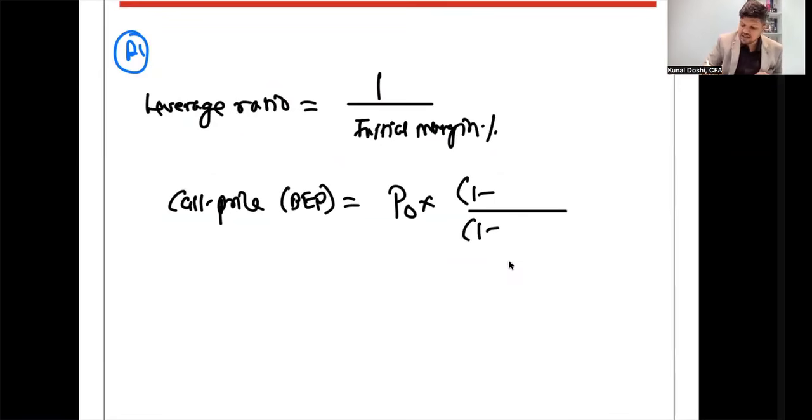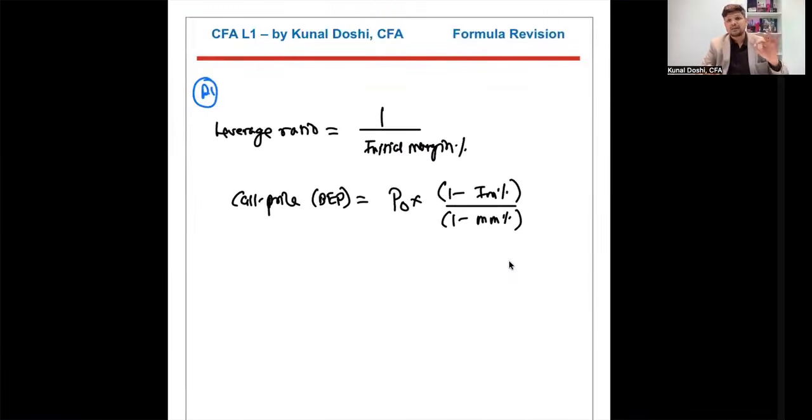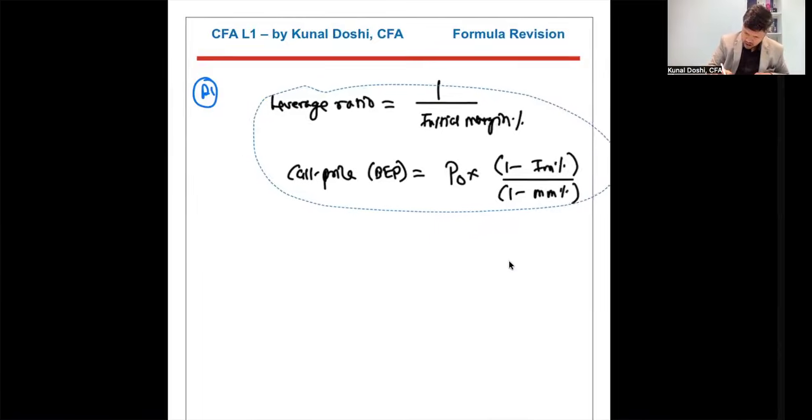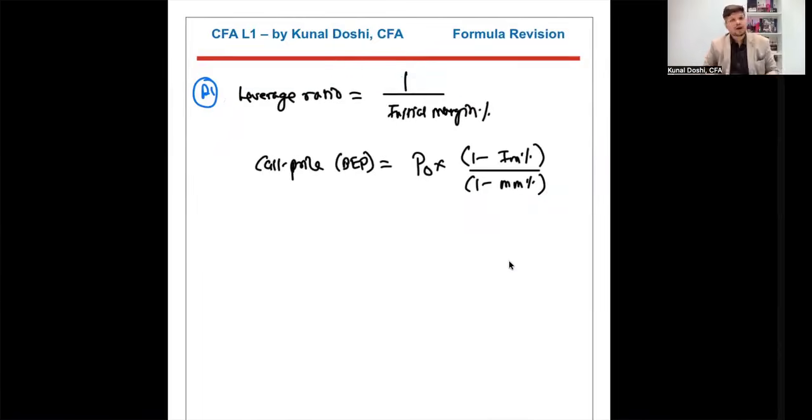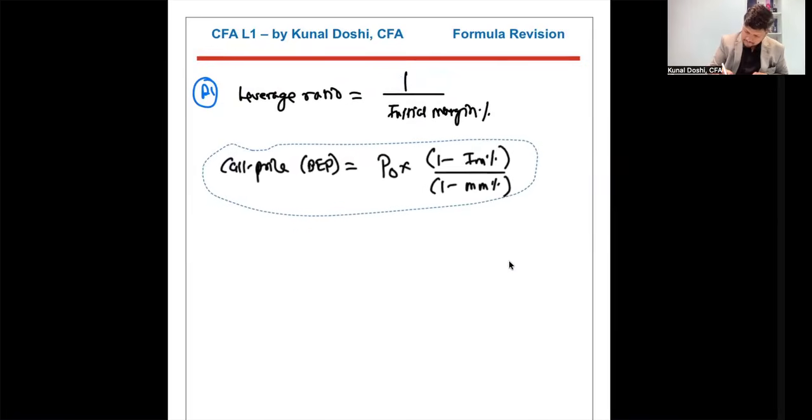So what are the two types of margin? Initial and maintenance margin. So we will do 1 minus initial margin, over 1 minus maintenance margin in the denominator. That will give you the break-even price. Remember, this is the price at which you will get a margin call. All right, very important. Understood, everyone?